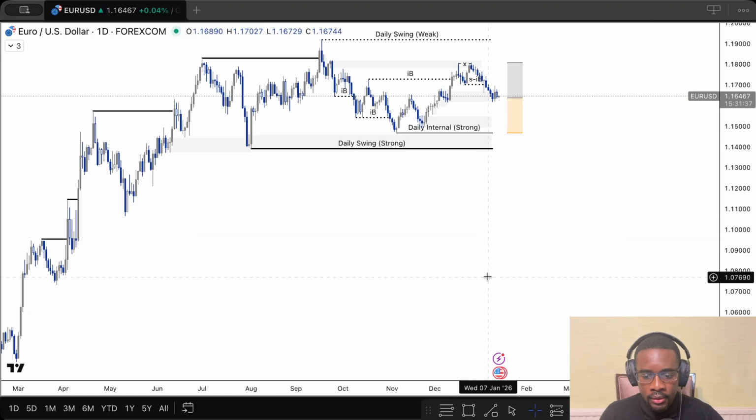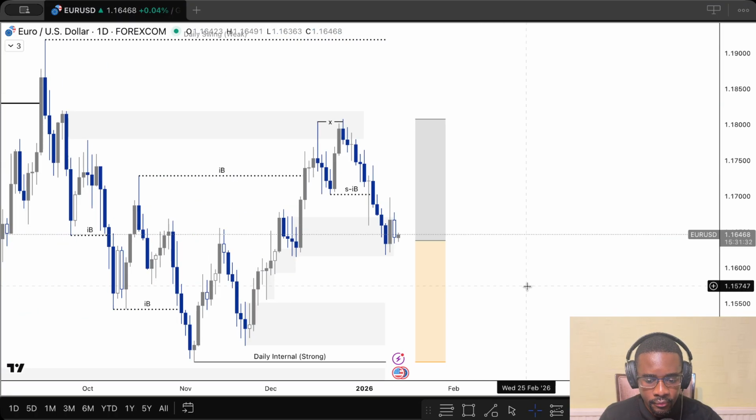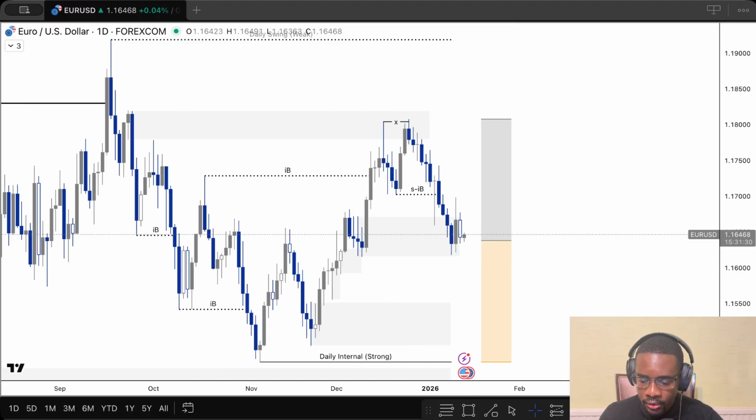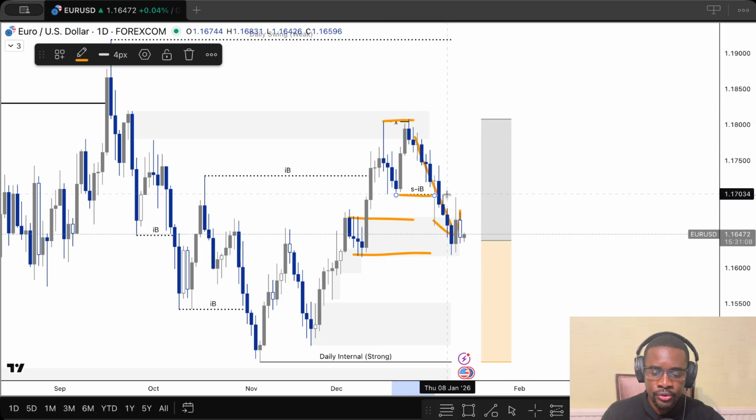So looking at Euro USD, we have this demand on the daily that is holding. We mitigated the supply, and since then we started pulling back. We've had an internal break of structure, so this could simply be an internal pullback.